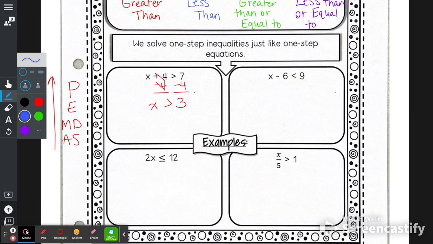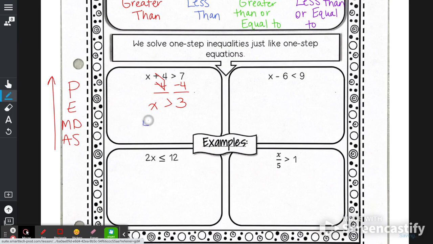I'm going to choose 4 because x is any number greater than 3, so I'm going to say 4 plus 4, and I'm just going to rewrite it, is greater than 7. What's 4 plus 4? 8. And is 8 indeed greater than 7? Yes. So my answer works. X is any number greater than 3.